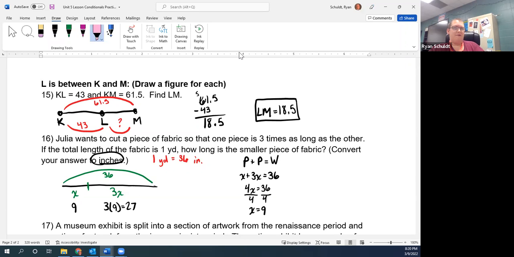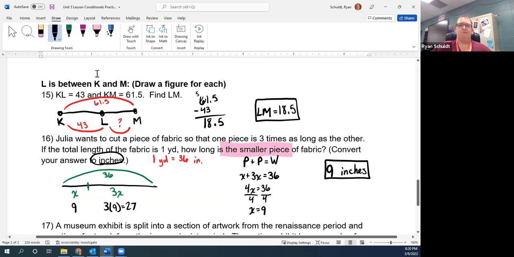What does it ask for, though? It asks for the smaller piece. Well, that's going to be 9 inches. Okay, there's that one.